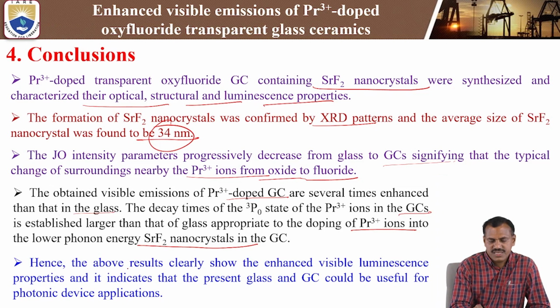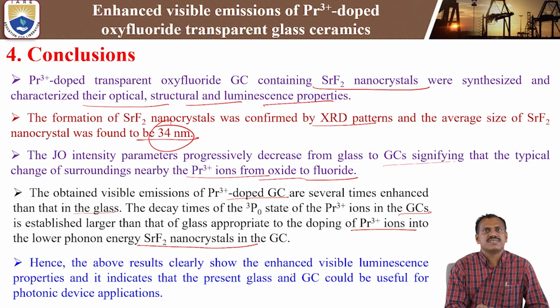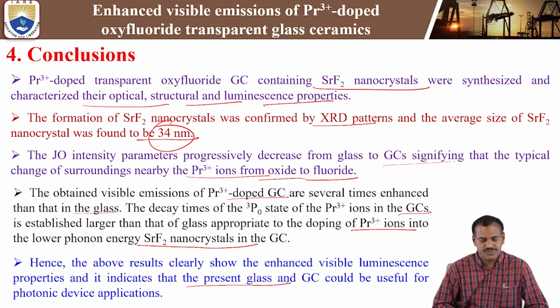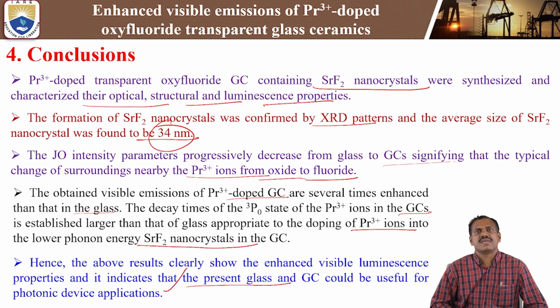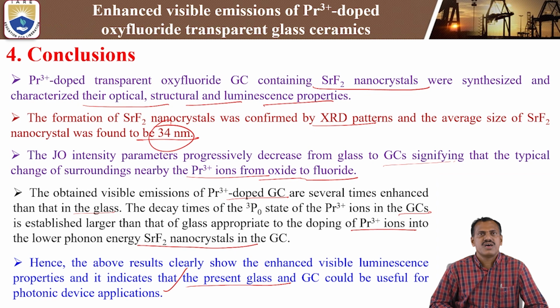Therefore, the above results clearly show enhanced visible luminescence properties, and indicate that the present glass and glass ceramics could be useful for photonic device applications. That means laser, amplifier, sensor, different kinds of applications can be used for the praseodymium 3 plus doped oxyfluoride transparent glass ceramics. This is the summary of the present study.